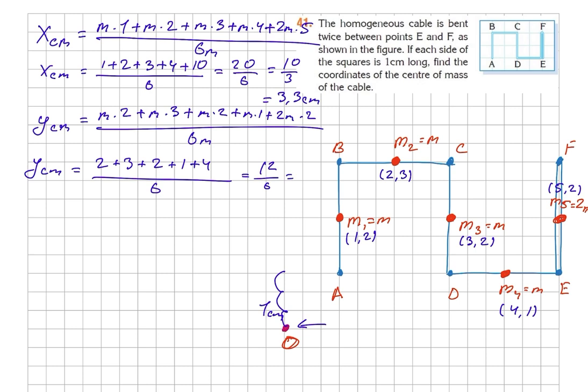It's 2 centimeters. That means the coordinates of the center of mass will be at 3.3. 3 is here, let's say it's somewhere here. Yeah. And 2. 2 is exactly this line. So intersection of them will give the center of mass.